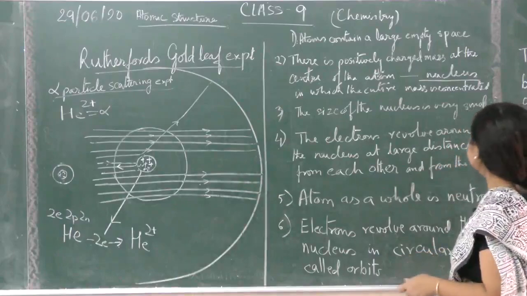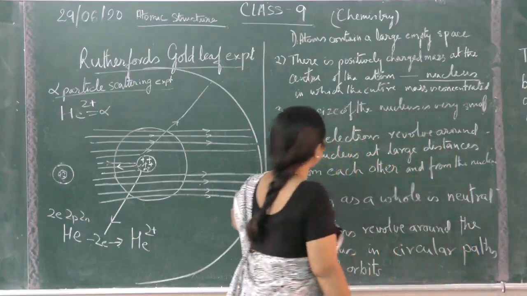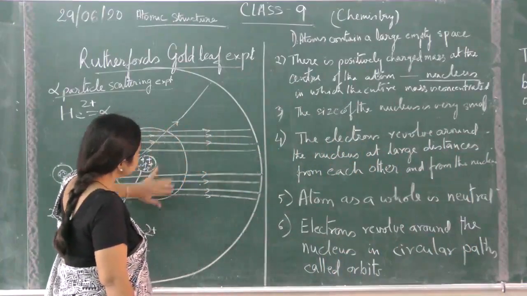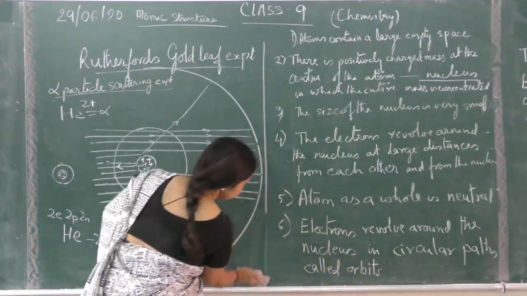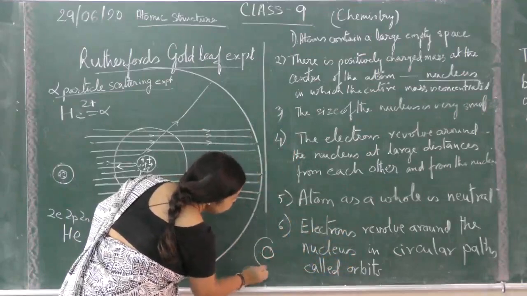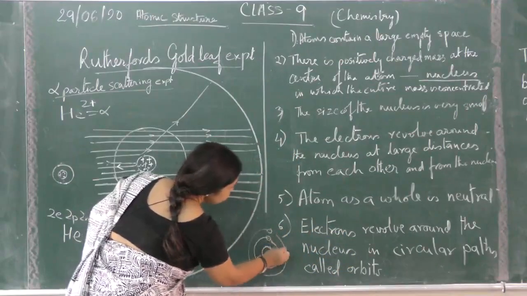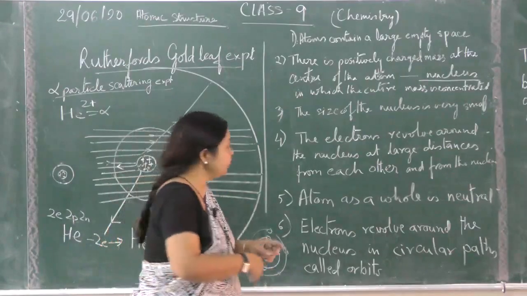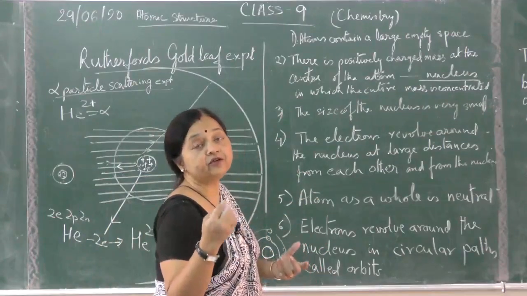Now the other thing is the force of attraction between the positively charged nucleus and the negatively charged electron. Suppose the electrons are in circular paths, moving around this. Any charged particle moving in a circular path feels a centrifugal force.